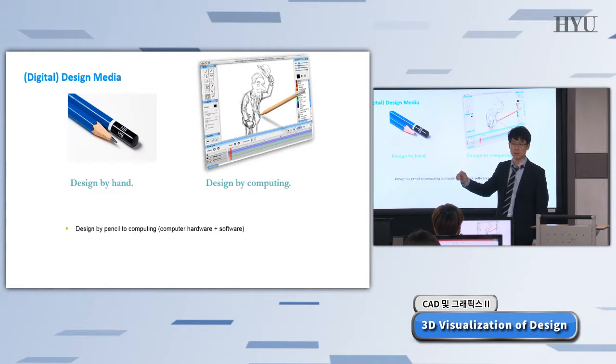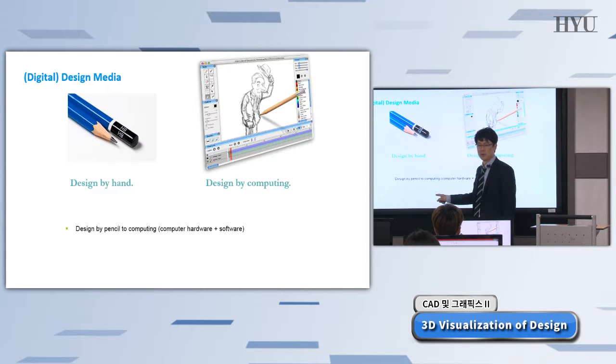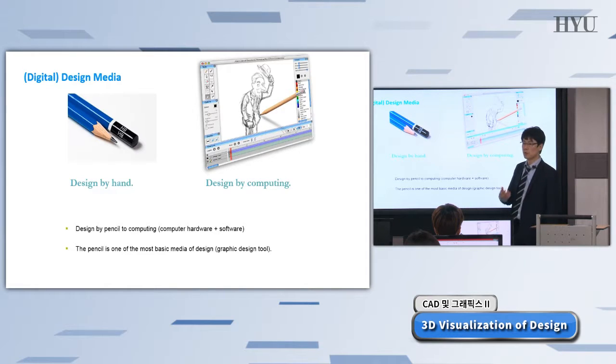Just pencil. But computing technology, no comparison between pencil and computers. This is a totally different thing. But you don't know computers. That's a problem, okay? We need to know computers somehow in the course.